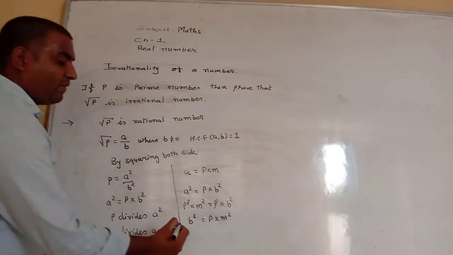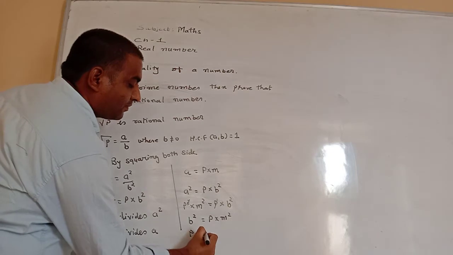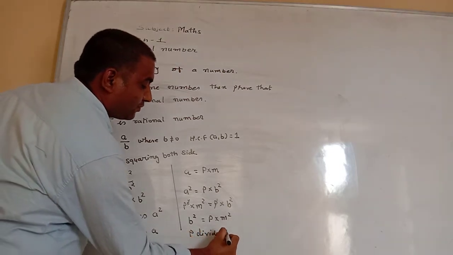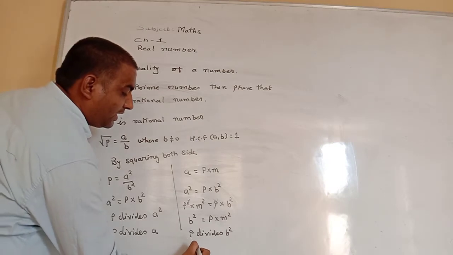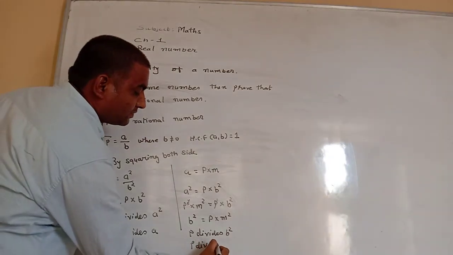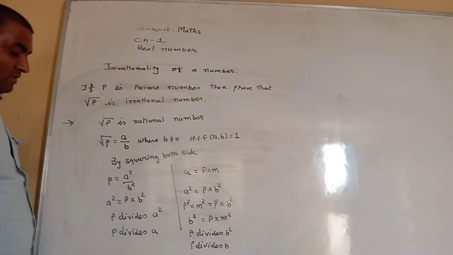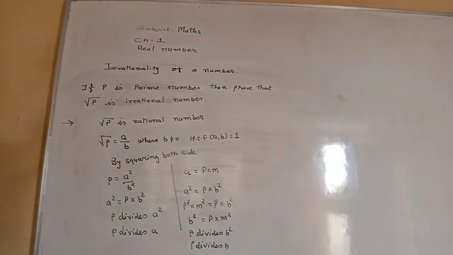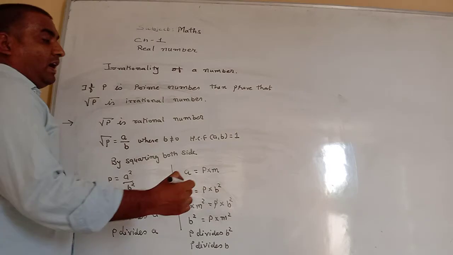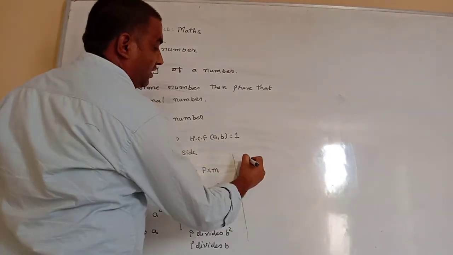So p divides b square, so p divides b. That means p is a common factor of a and b.